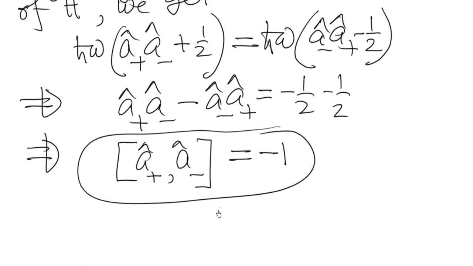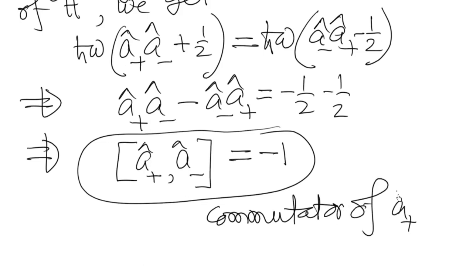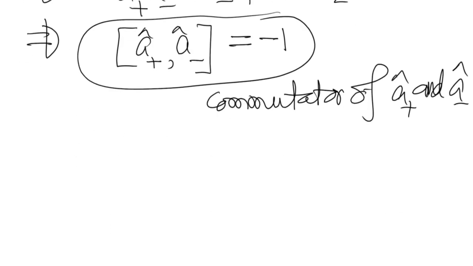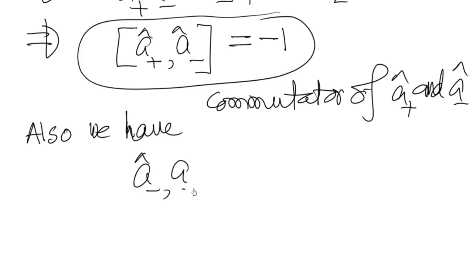So the commutator of a plus and a minus is minus 1. You could also show from these two that the commutator of a minus and a plus is 1.